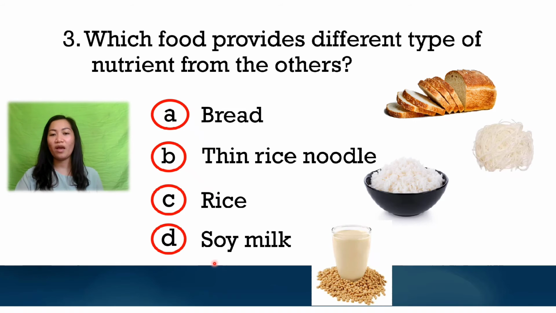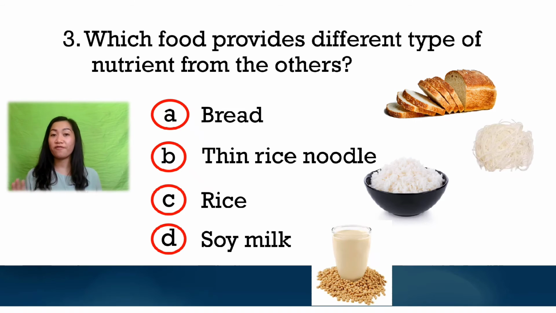And the last one, we have the soy milk, which comes from the soya bean. So, what kind of nutrient is this one? Exactly, it's protein, okay? It's rich in protein. And now, I know you already have the idea. What's the answer for number 3?